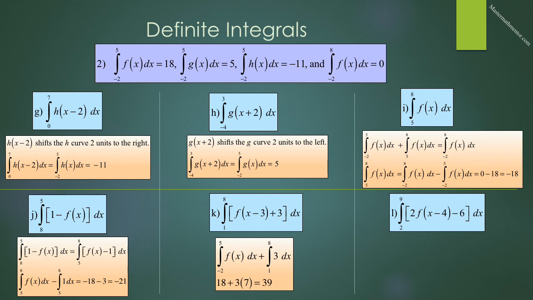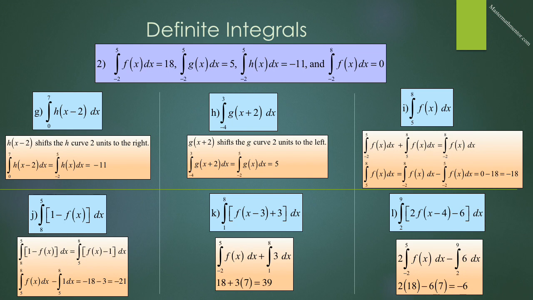We know that the f curve from negative 2 to 5 is 18, and we know that the integral from 1 to 8 of 3 dx is simply the area under y equals 3 from 1 to 8, which is a rectangle that is 3 by 7, and therefore our total answer is 39.